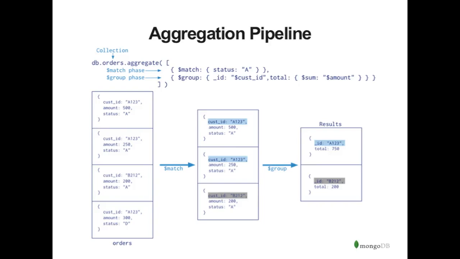In this case, the first 2 documents have the same customer ID, so they're grouped together. As we perform the grouping, we perform a sum on the amount field. So at the end of this pipeline, we'll have 2 documents: one for customer A123 with the total of their orders, the sum of the 500 and the 250, and a second document for the other customer in our collection, which is B212.